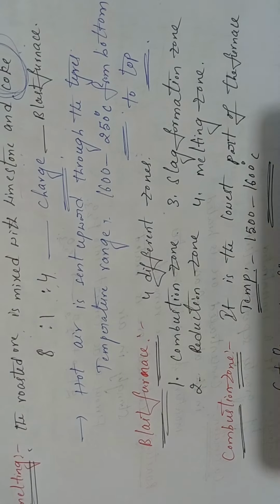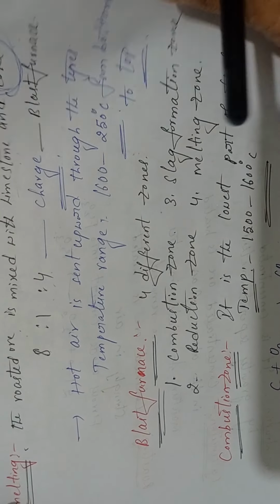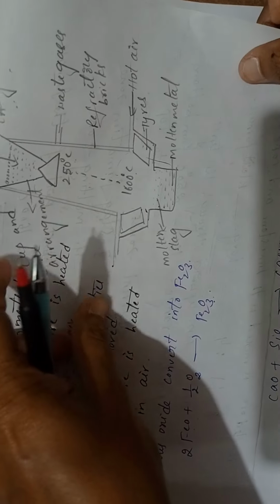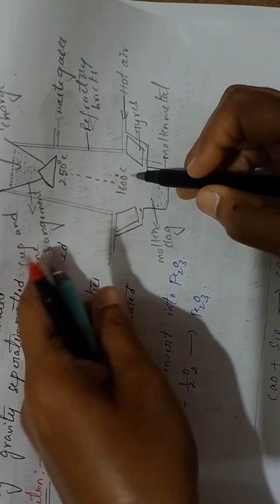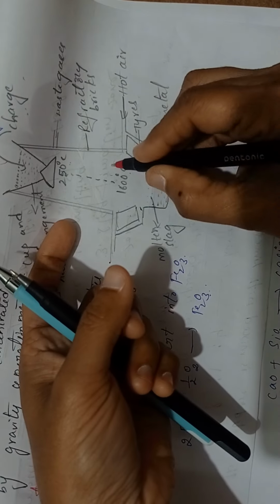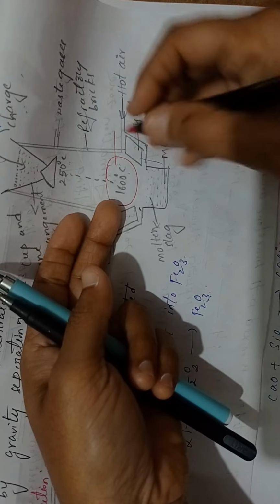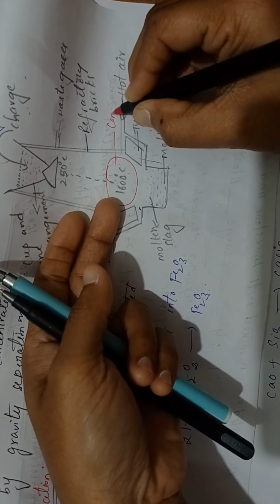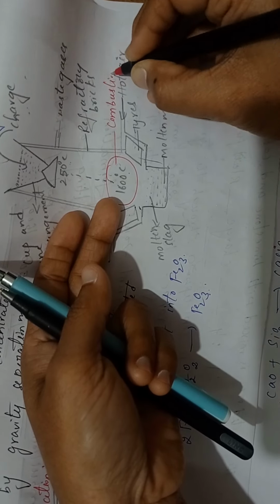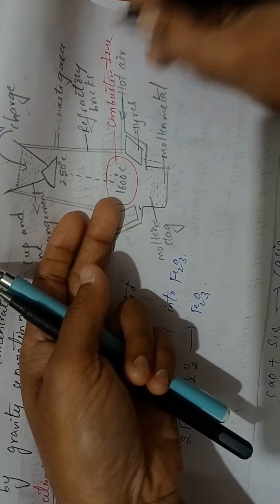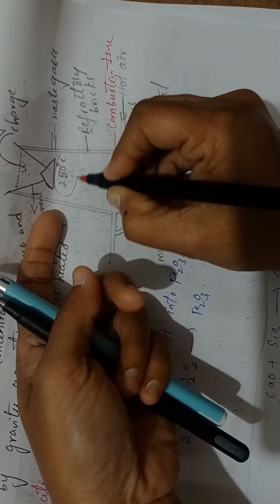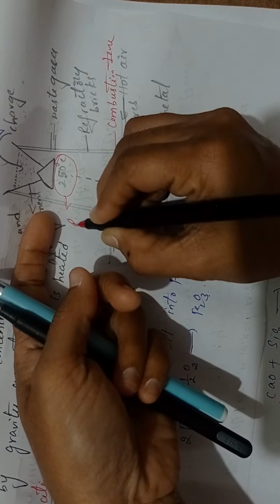So we know the zones we discussed here: 4 zones. The lowest part of the furnace we call the combustion zone. Correct? And the uppermost part is the reduction zone. Are you clear?